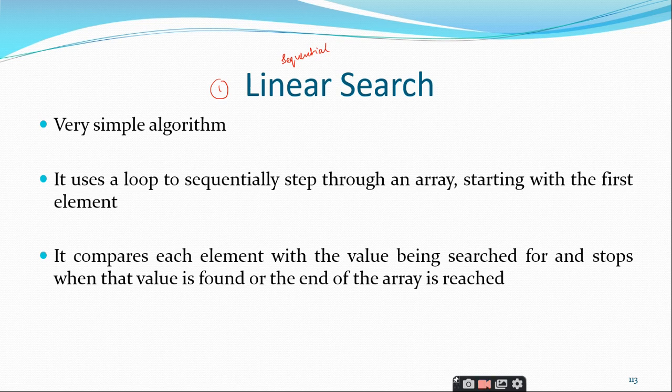If they are not matching, go and compare the search element with the second element of the array. If they are matching, print a message. If they are not matching, go to the third element and compare it with the search element. This search operation will be continued until you find the search element or you reach the end of the given list of elements.